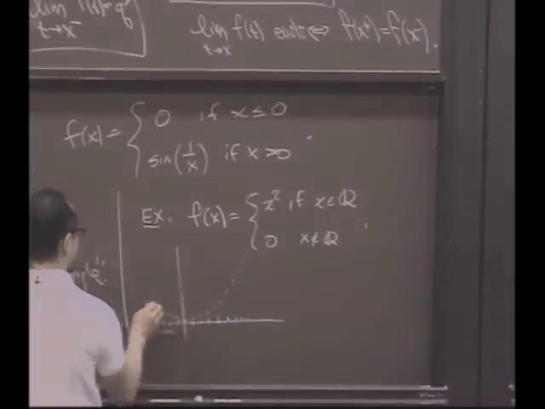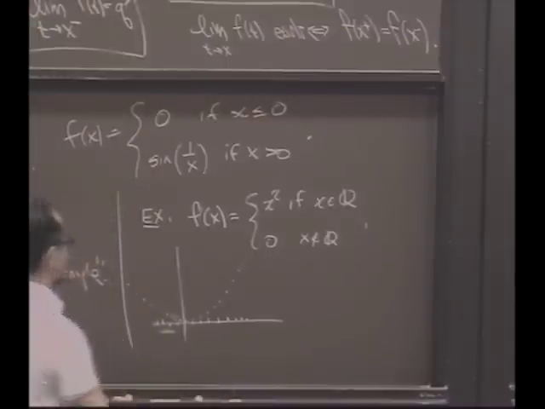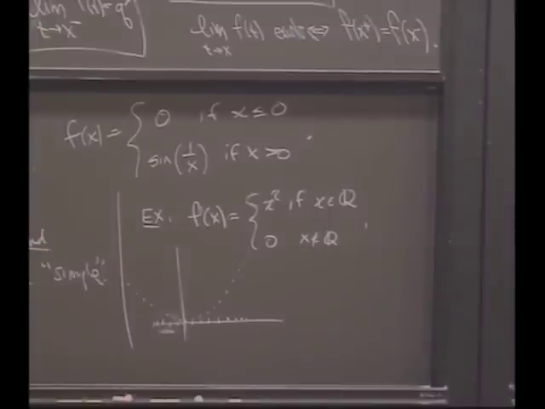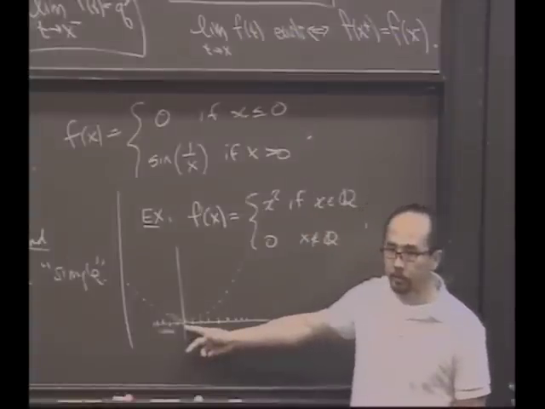Okay, what kind of discontinuities do we have? First of all, where are the discontinuities? Every point except possibly 0. That's where you might be worried. Is it continuous or discontinuous at 0? Let's see.